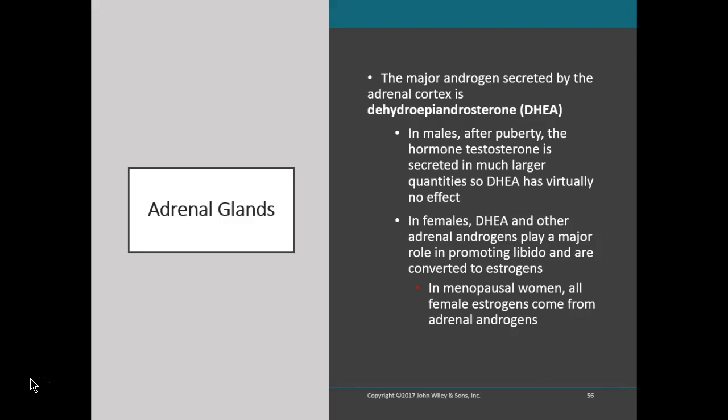Adrenal androgens also stimulate the growth of axillary hair and pubic hair in boys and girls right before they have that pre-pubertal growth spurt. We don't really know exactly what controls the release of the androgens from the zona reticularis, but the main hormone that stimulates its secretion is adrenocorticotropic hormone, as we saw earlier.